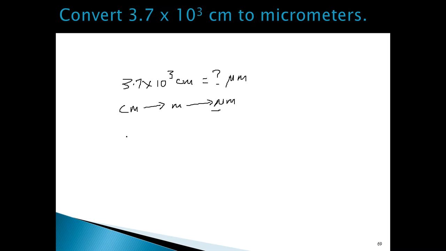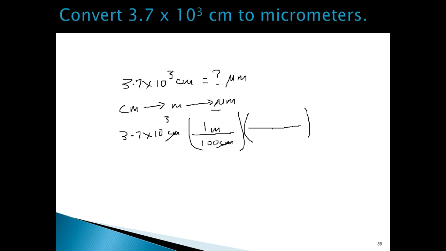So let me rewrite the 3.7 times 10 to the 3 centimeters here, and I would multiply that to go from centimeters to meters. I'd multiply that by 100 centimeters down here as a denominator and 1 meter above as a numerator, so that the centimeter units will cancel out, right? So up to this point we're left with the meter unit, and therefore the next conversion factor is where we convert from meter to micrometer.